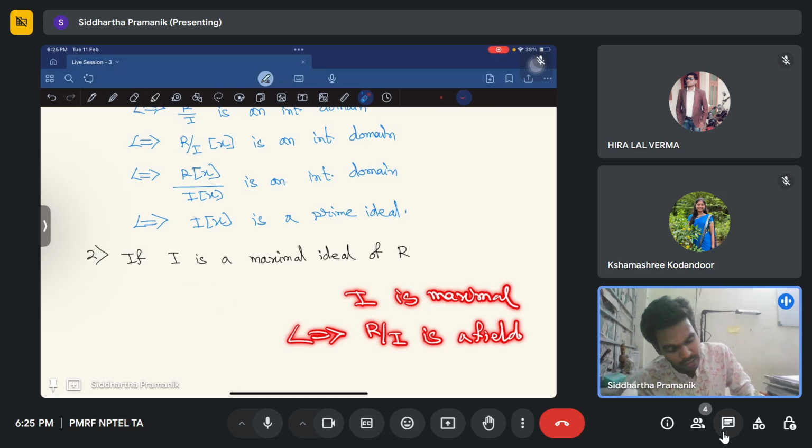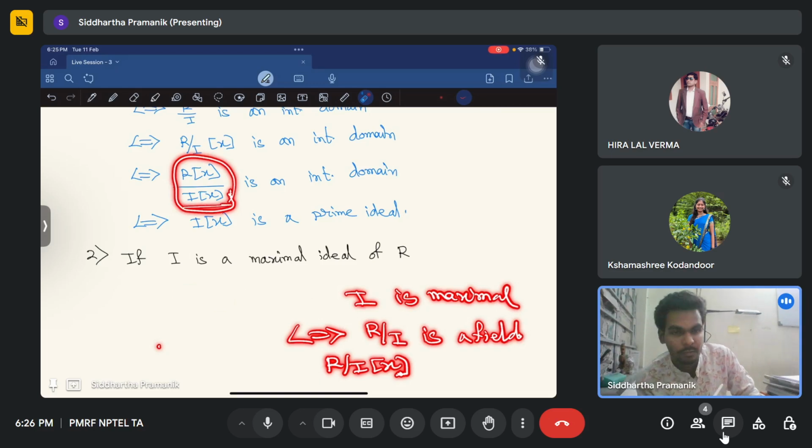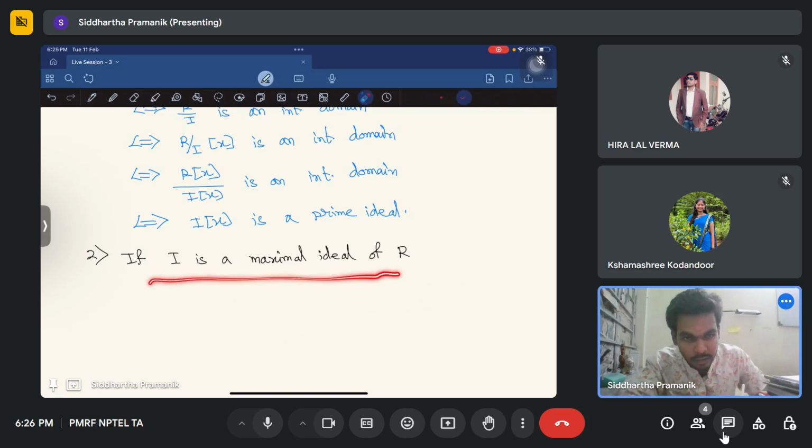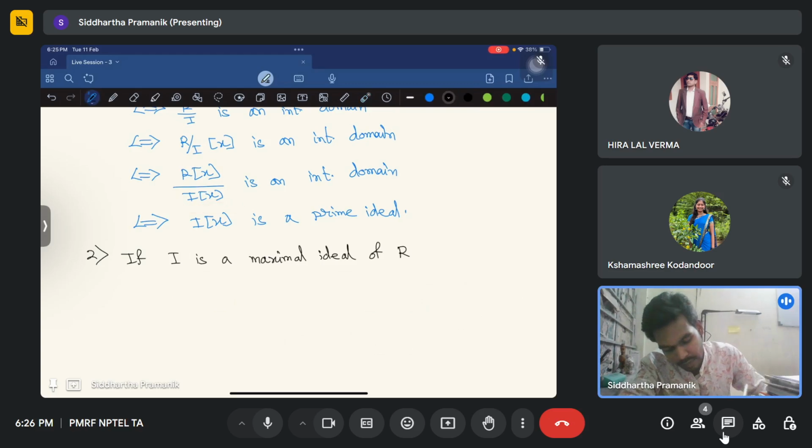Now if R mod I is a field, then what can you say about R mod I of X? This is an integral domain, but is this a field? This cannot be a field, right? So if this is not a field, then Rx mod Ix is also not a field, so Ix is not a maximal ideal. The conclusion is, if I is a maximal ideal of R, Ix can never be a maximal ideal.